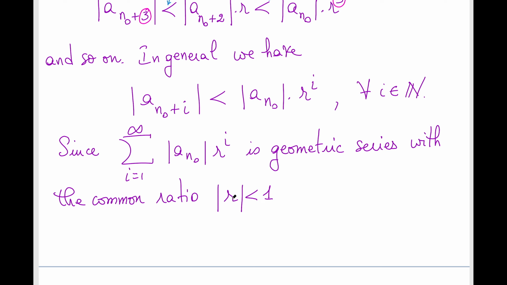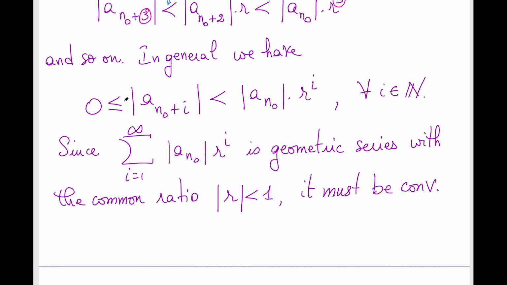So since this is a geometric series with R less than 1, it must be convergent. So these terms, which bound our terms, are terms of a series which converges. And all of these terms are non-negative, to be more precise.